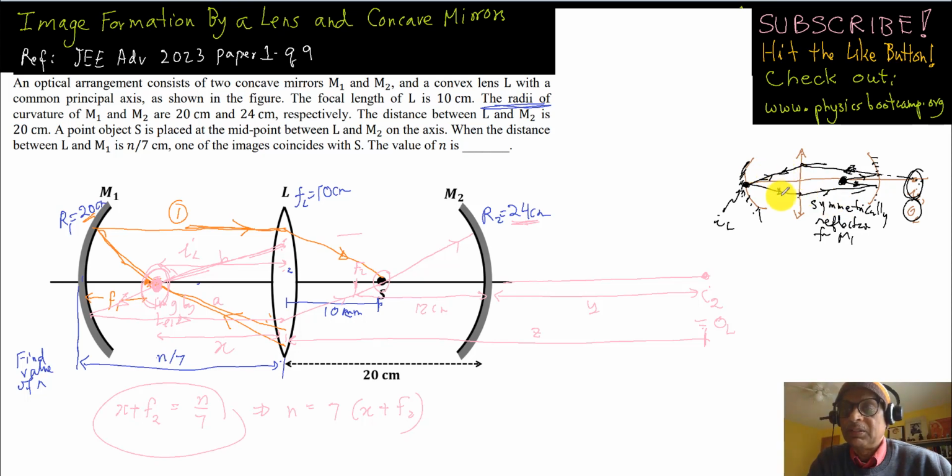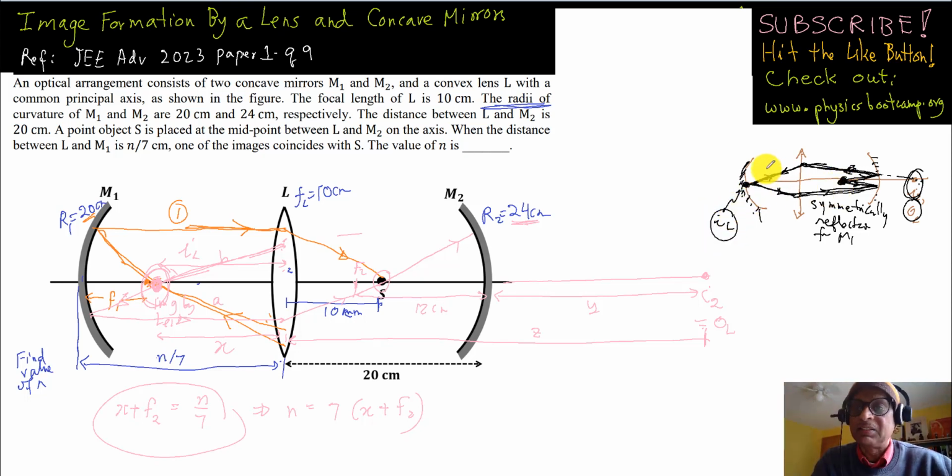These rays, one will come from like this and go back. The other will come from the back and go back. So this will be the image right on top where the object was. This is another way of doing it.